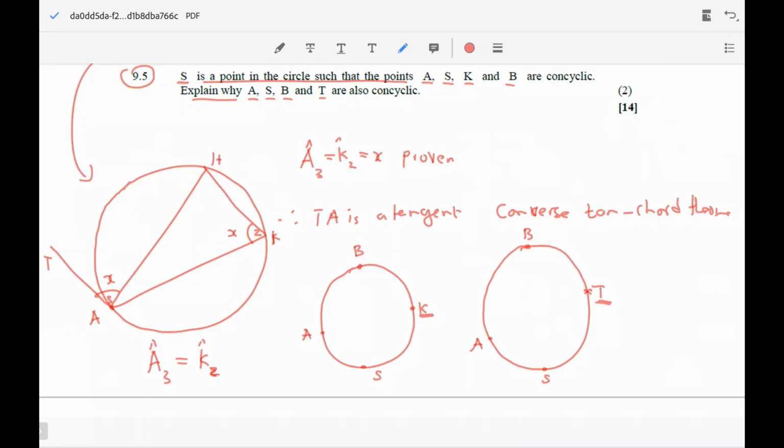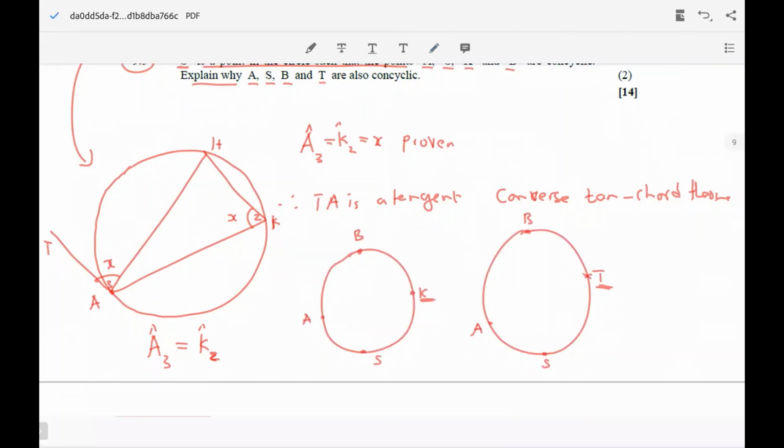Why? Because out of the 4 points, 3 are common. ASB in the first circle is the same ASB in the second circle. So if K is forming a circle with the other 3 points, definitely T must form a circle with the same 3 points. So that explains why A, S, B, T is also concyclic.